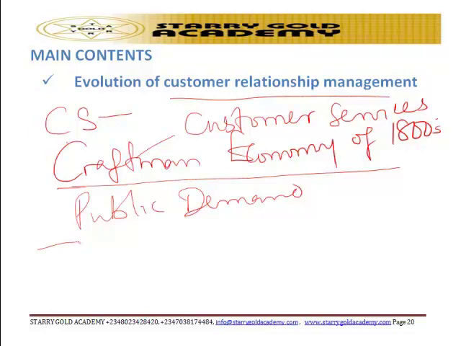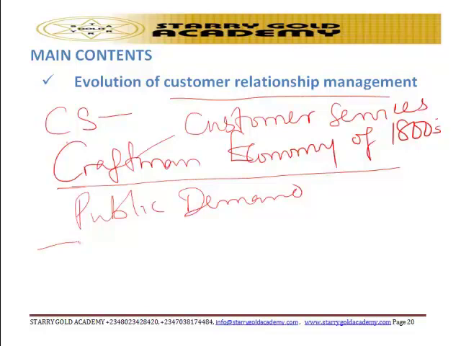Did you understand? There were few suppliers, but demand for products was very, very high. Now, as a result of the fact that suppliers were few and demand for products was high, what happens? It leads to the expense of consumers. Thus, it reduced the importance of consumer services.